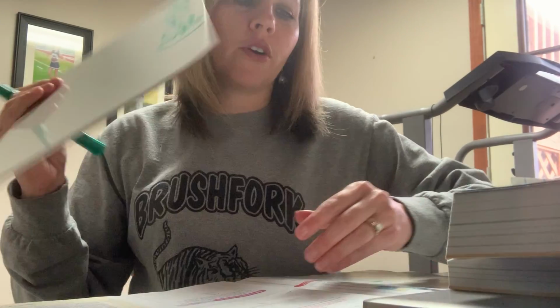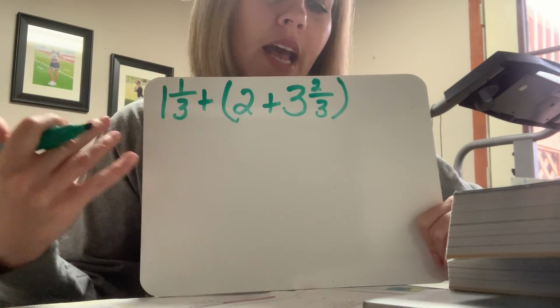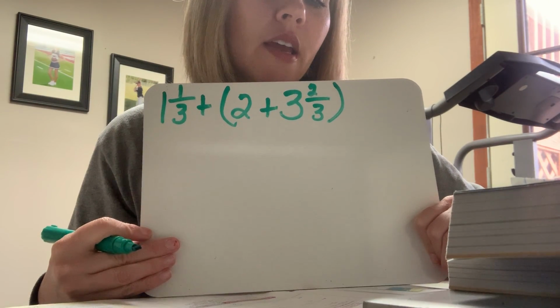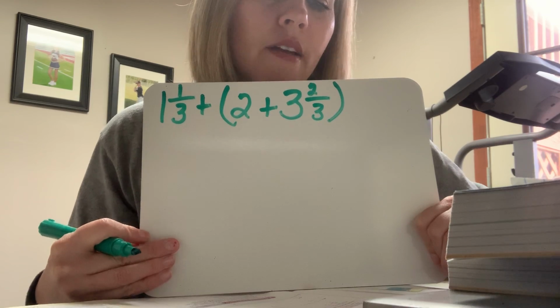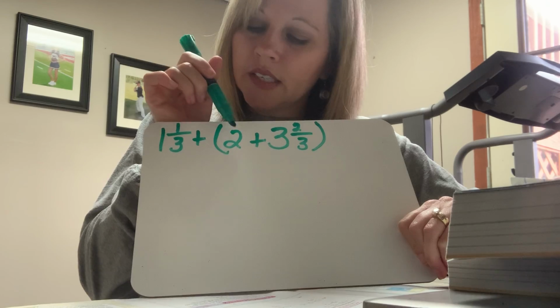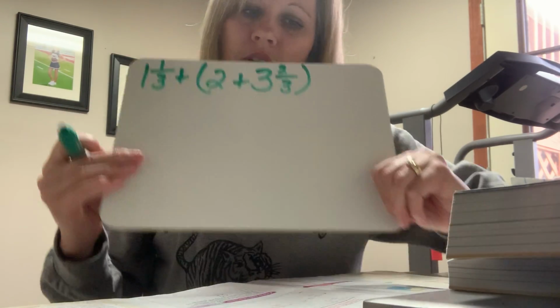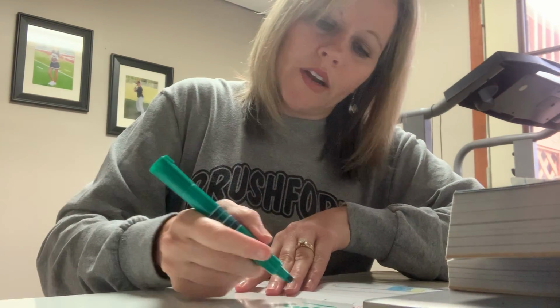Now they want us to first use the commutative property to regroup and flip these addends around.